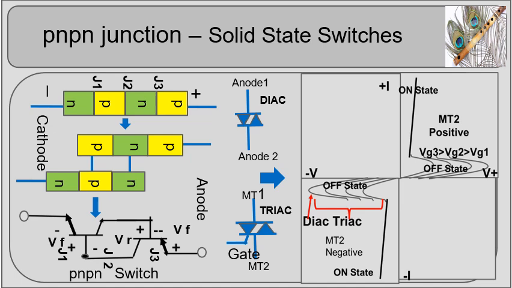The device enters into secondary breakdown, leading to a negative resistance region of operation, which makes the device lose forward voltage blocking capability. Thus the device now enters into the on state, starts conduction, and exhibits a low voltage drop. The negative resistance characteristic makes the PNPN device a solid-state switch.